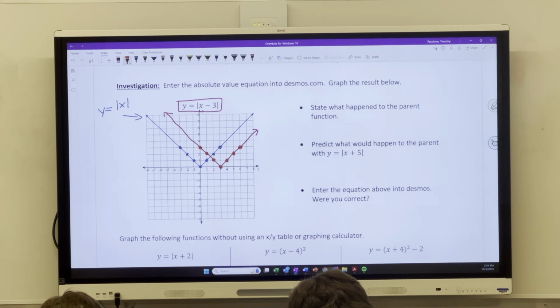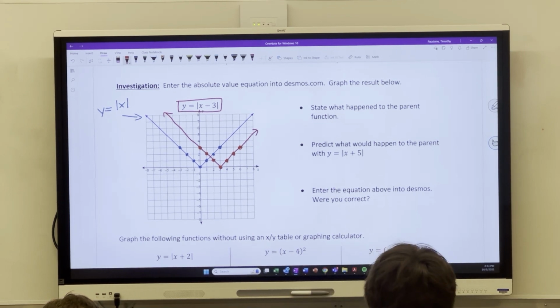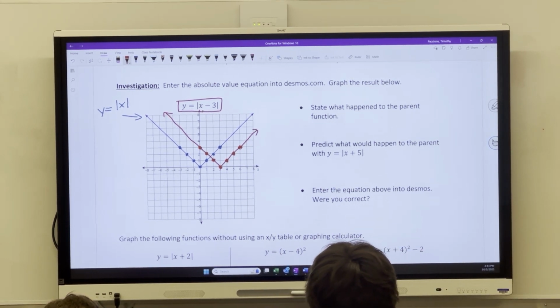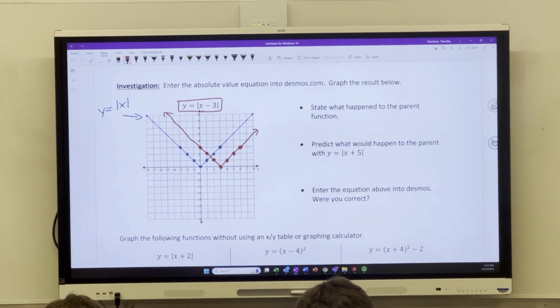So again, when you're answering this, you want to be saying what happened to the key points? How did they move? Okay? And each of my key points, in this case, what happened?